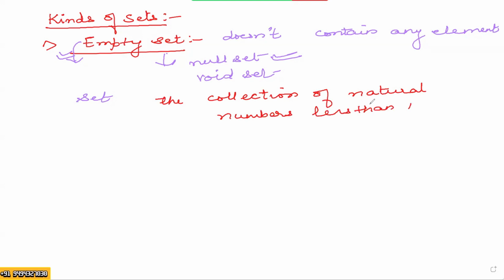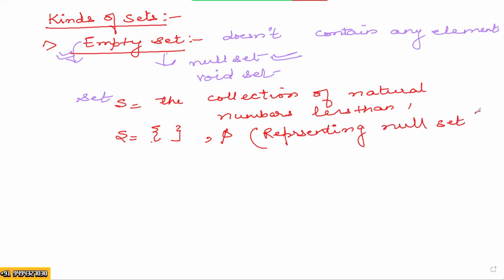So children, can you make a collection of natural numbers less than 1? No. So your set will be empty. So you will represent your empty set by empty braces only, or by writing this symbol φ. So these two are the symbols for representing your null set.